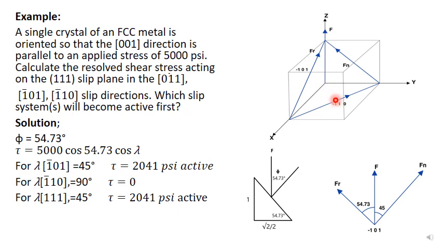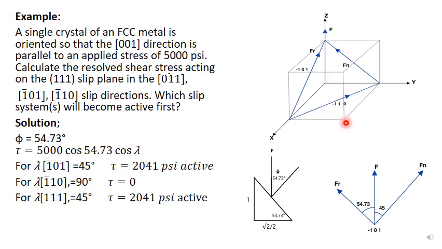Now we need to find the length between the origin and the center of this plane, from here to here. We can find the whole length of this line, starting from here to here, by using Pythagoras. So 1 squared plus 1 squared equals the length squared. The length from here to here is the square root of 2.